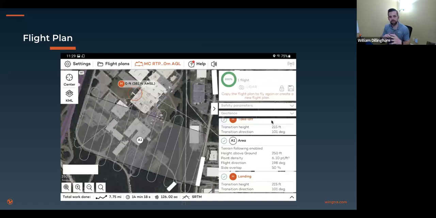Then you land, and it does a very similar final alignment to estimate those biases and apply them to the entire data set. So hopefully that answered the question on what's going on there.